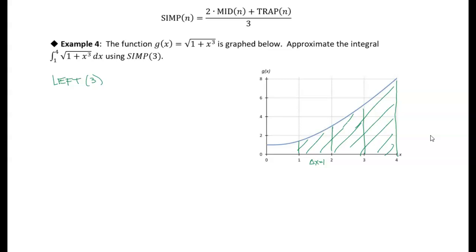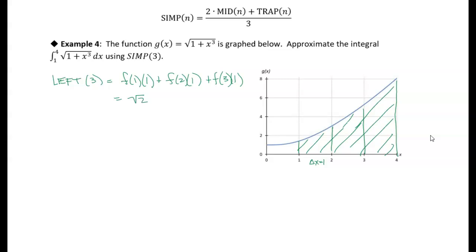All right, so to calculate the left hand estimate, we're going to take f of 1 times the delta x, which is 1, plus f of 2 times 1 plus f of 3 times 1. So we're just going to put 1, 2, and 3 into this g of x formula. So if I plug in 1, I get the square root of 2 times 1.